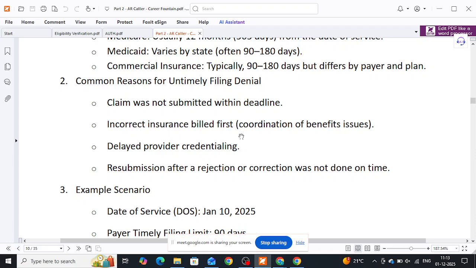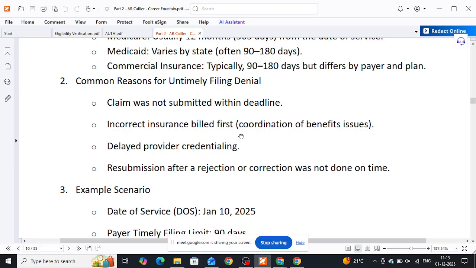Consider that a doctor completed their degree this month and started practicing, but credentialing is still in progress. Maybe it will take 3-4 months. Until that time, we are late to file our claim.